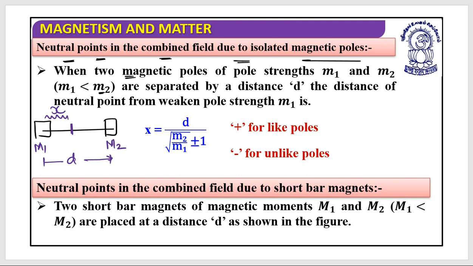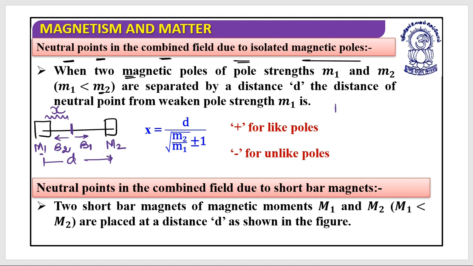I need to write down the magnetic field due to these two poles. Let's say this is B1, the magnetic field due to the first monopole, and this is the magnetic field due to the second monopole.